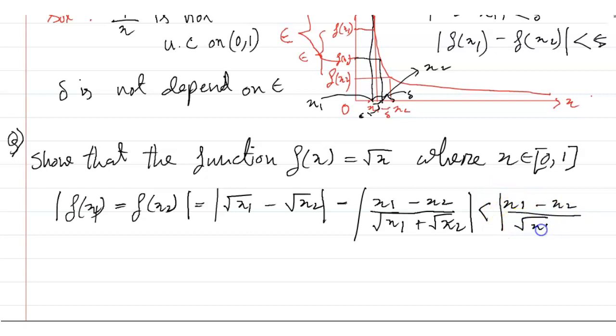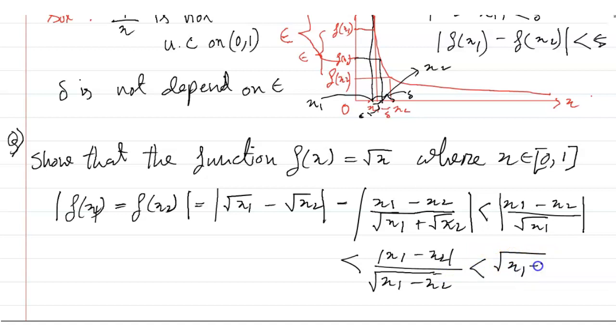And now it can be written this way: it is less than |x1 - x2| divided by root x1, and less than delta.